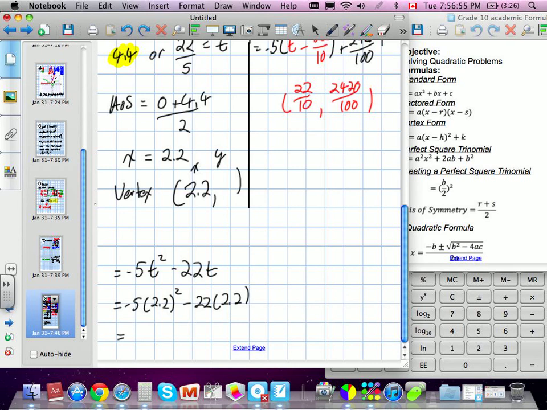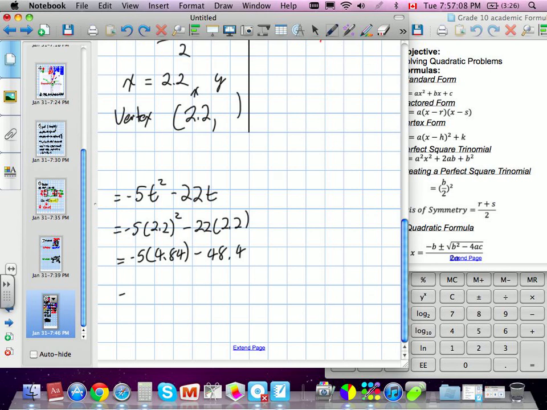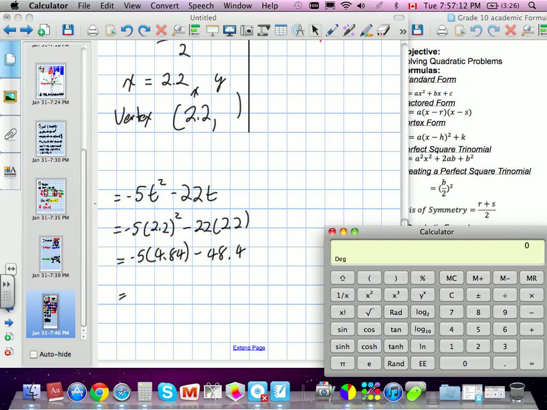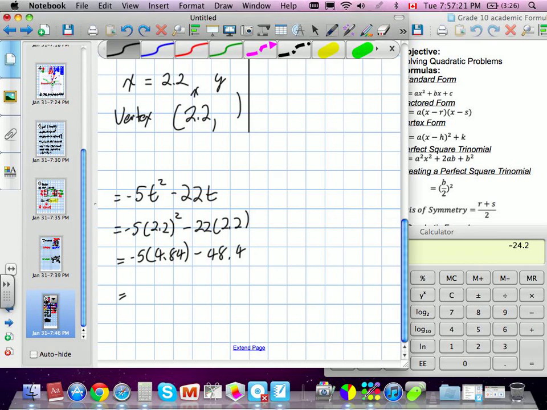And then this one is going to give us 48.4, I think. Negative 5 times 4.84. Negative 24.2.